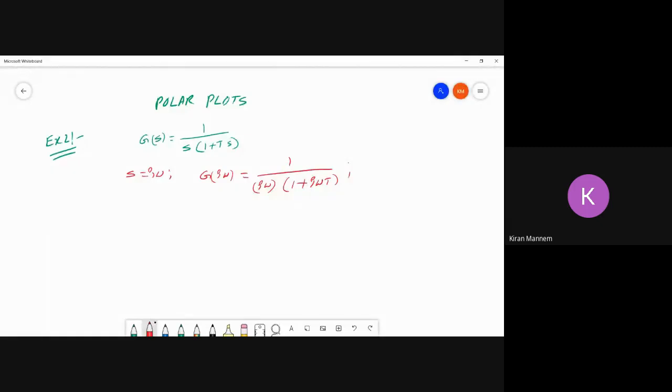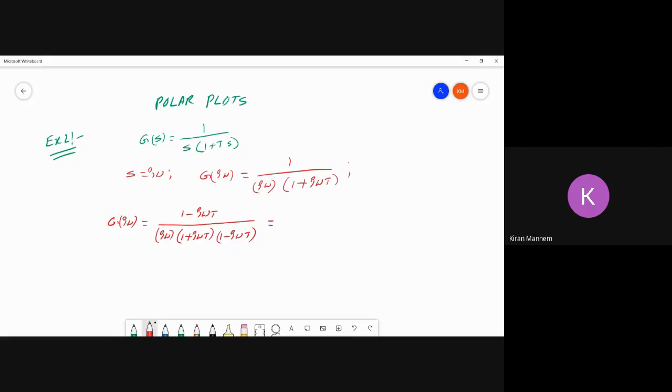So how do you rationalize G of j omega, your sinusoidal transfer function? It is equal to 1 minus j omega t by j omega into 1 plus j omega t multiplied by 1 minus j omega t, right?